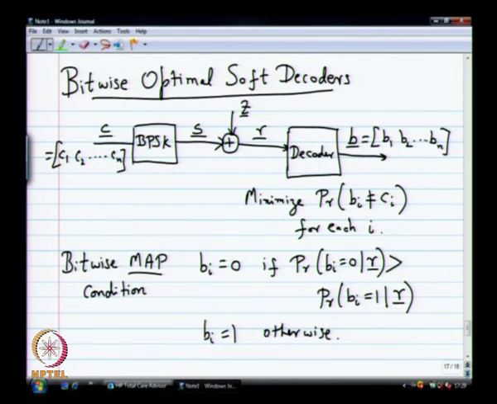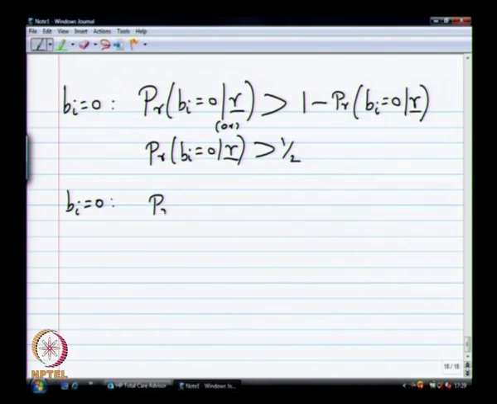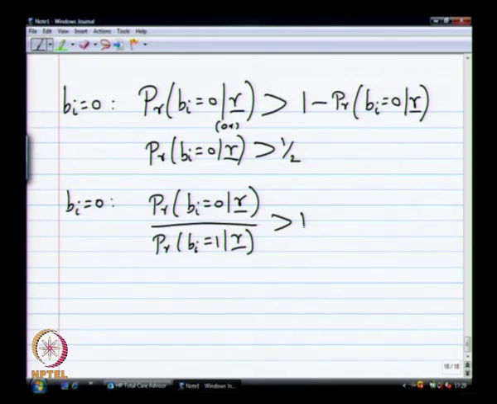So you will get probability that Bi is 0 given R divided by probability that Bi is 1 given R is greater than 1. Let me simplify this a little bit.